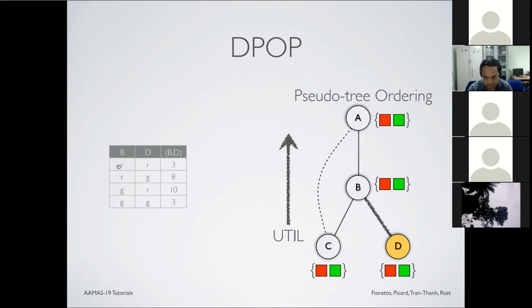So we have selected B first, and then we are selecting D. That's why I told you the values move from top to bottom, and utilities move from bottom to up. So first fix the value of B, then choose the value of D.